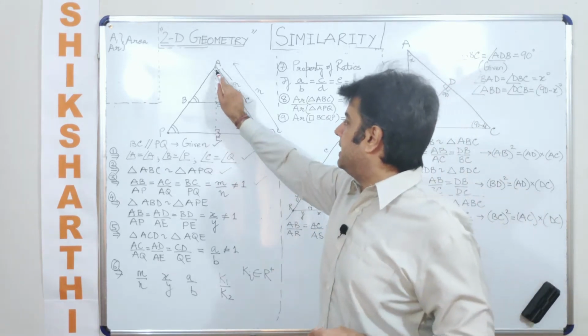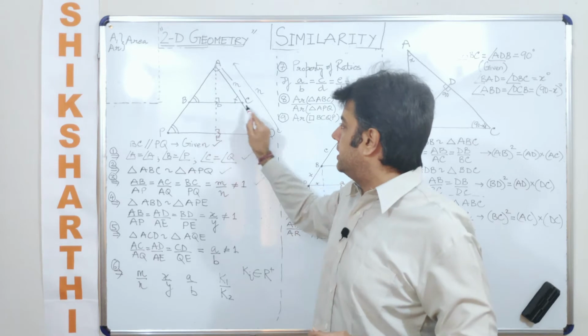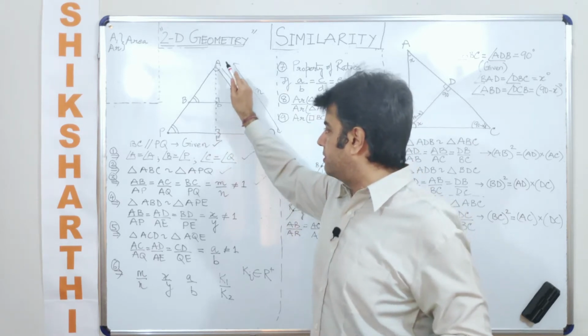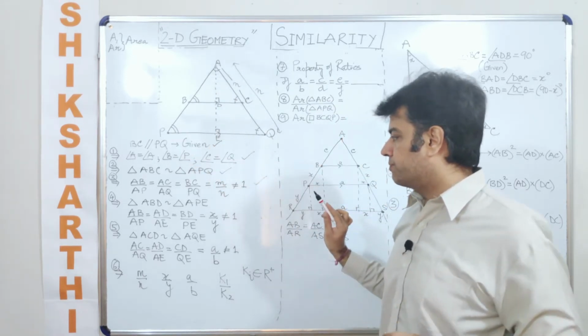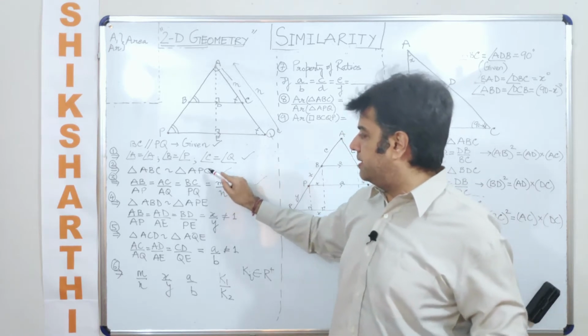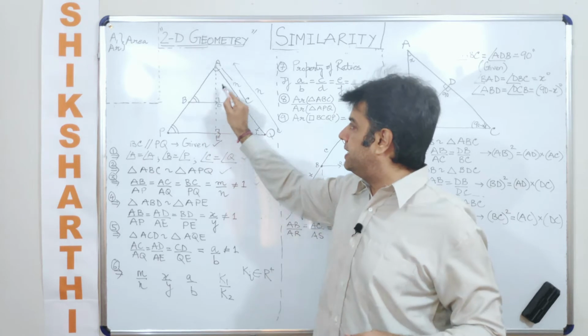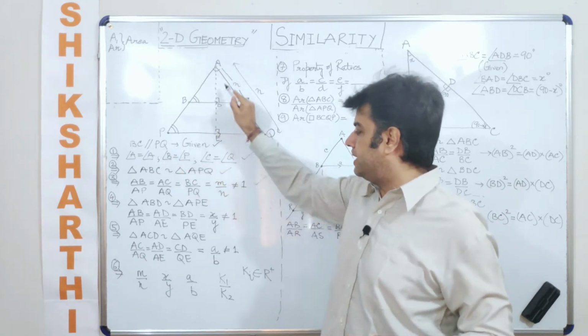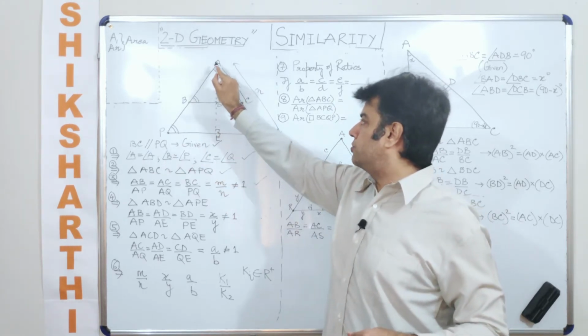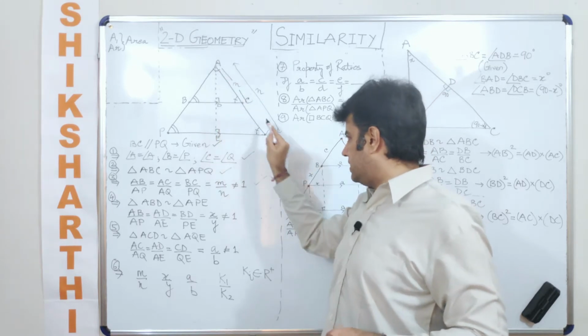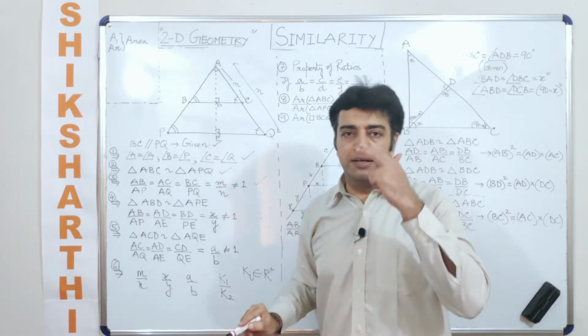So let us say AD is the perpendicular for triangle ABC and AE is the perpendicular for triangle APQ. At the same time, using the same property, I can talk about triangle ABD, triangle APE, triangle ACD, and analogously triangle AQE.